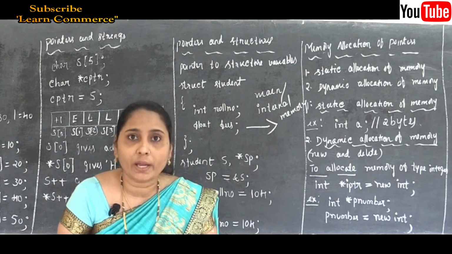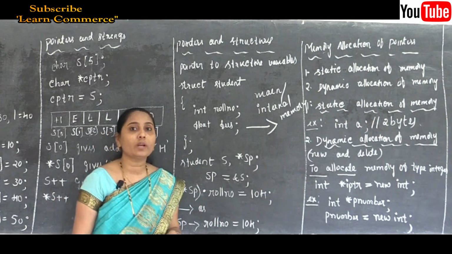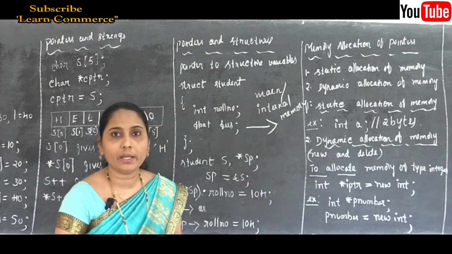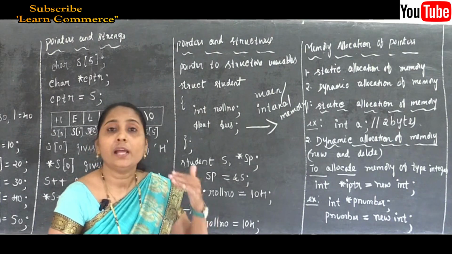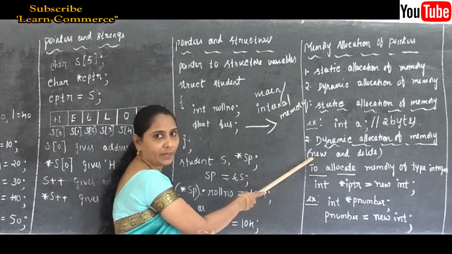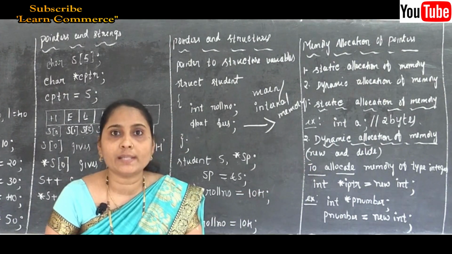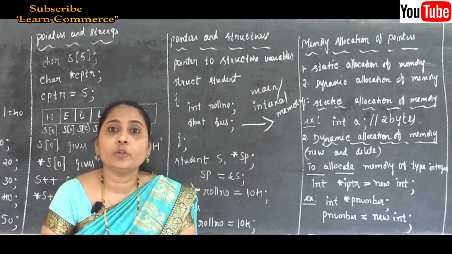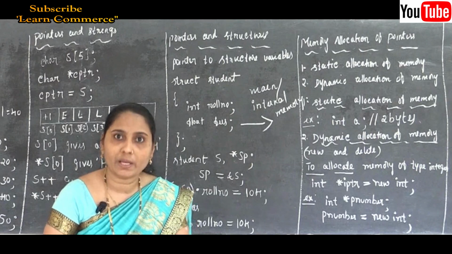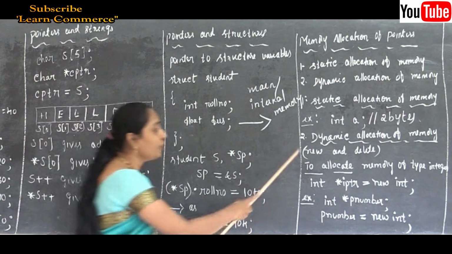So we can allocate the storage space for variables while the program is running. When you want any memory space, we are going to use an operator. Which operator? The new operator. So we can allocate some amount of storage space for a variable when you want it in our program, while the program is running, by using the new operator.